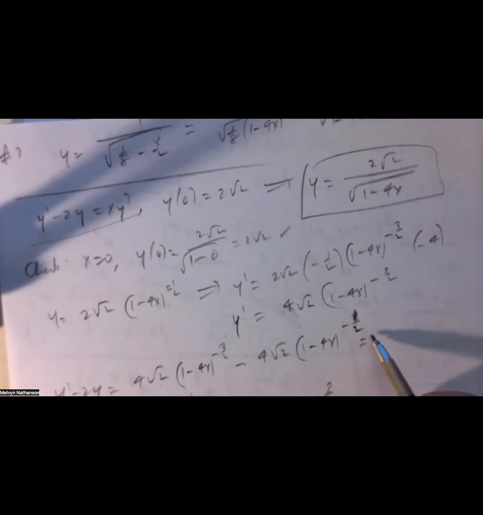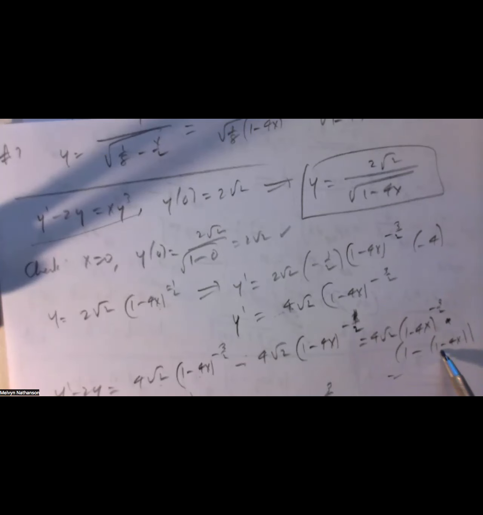This I can write as 4 root 2, checking is harder than solving the problem. 1 minus 4x to the minus 3 halves times 1 minus 4x. Aha.